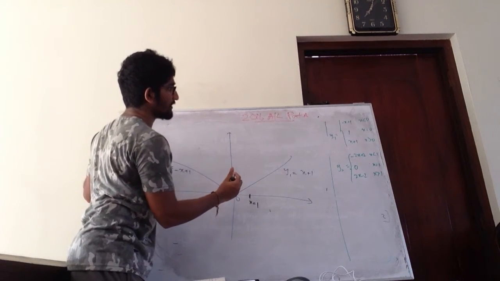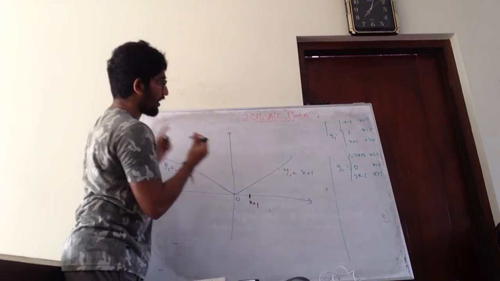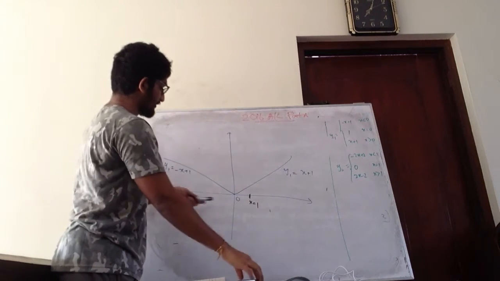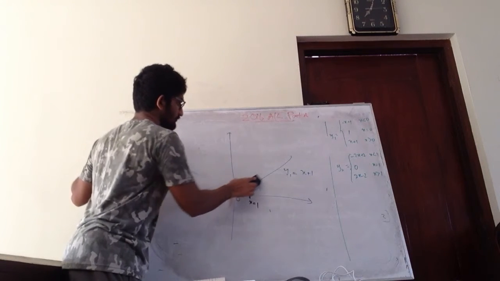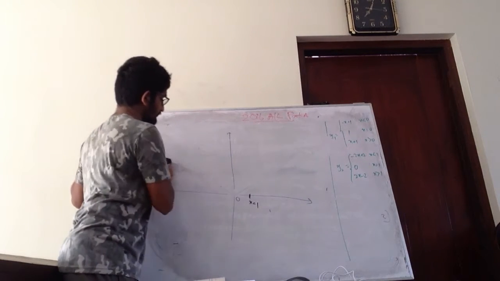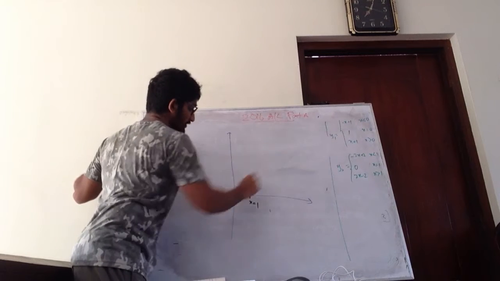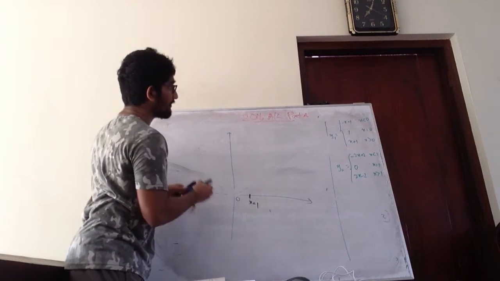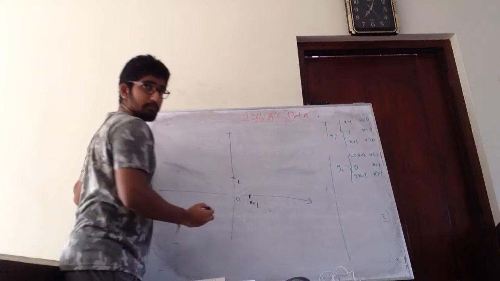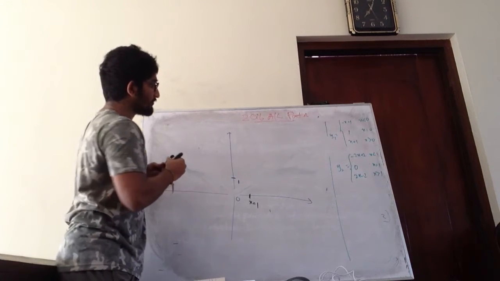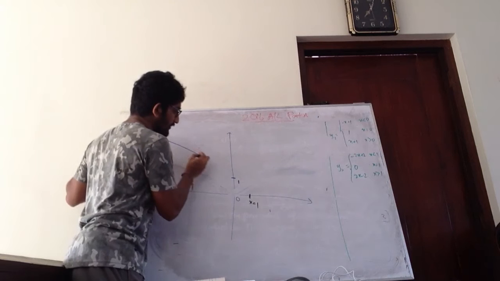So this will basically, wait. So there's a mistake here. So at x equals 0, the value is 1. Correct? The value is 1. No? So this graph will go like this.